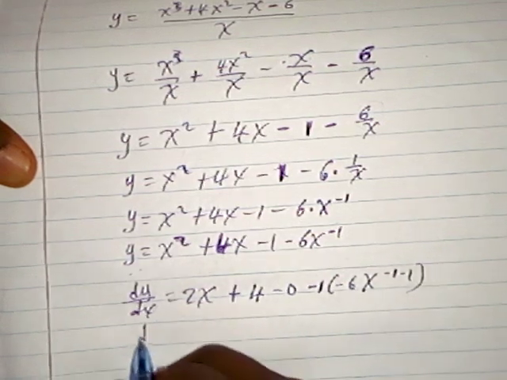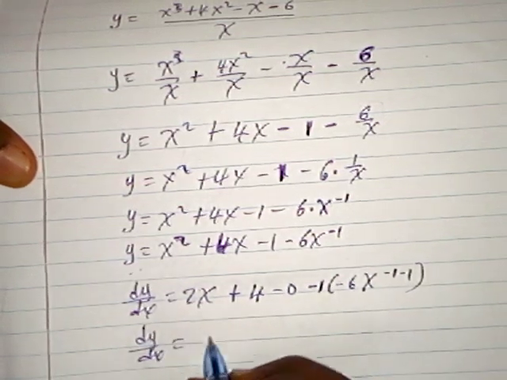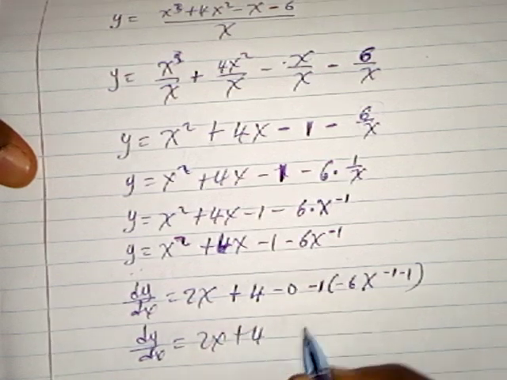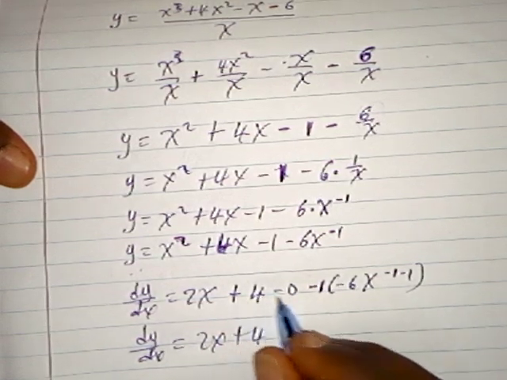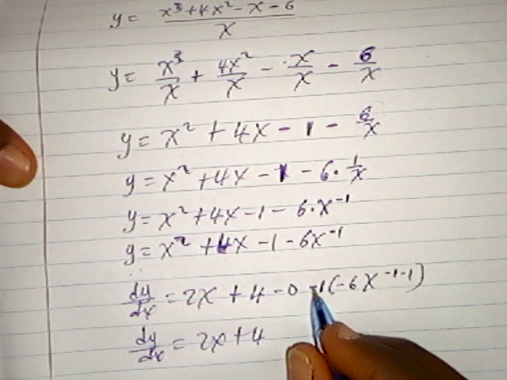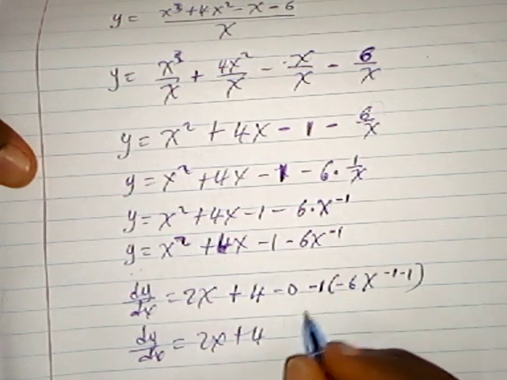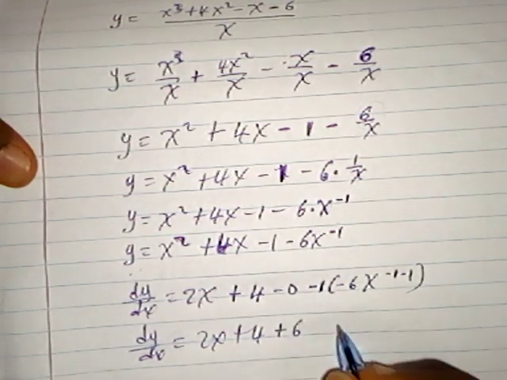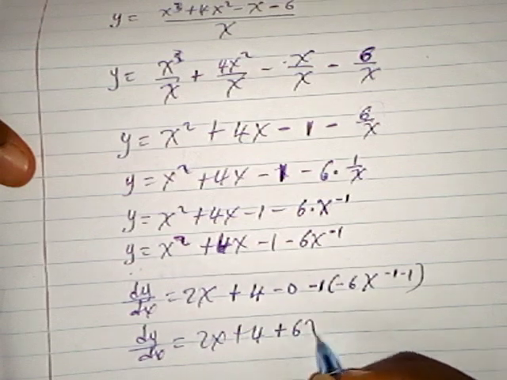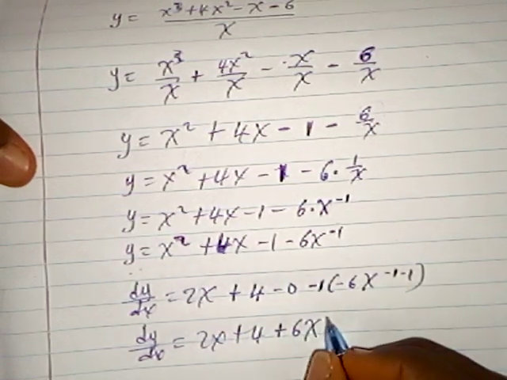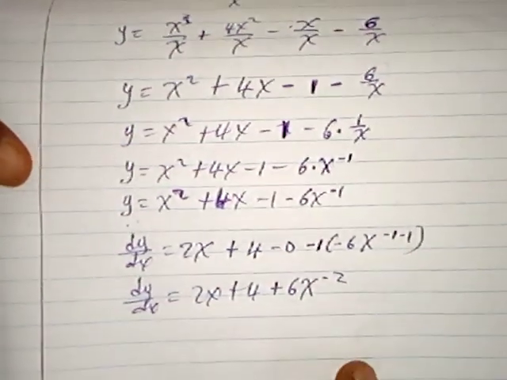The power here is 1. So dy upon dx is equal to 2x plus 4, of course, plus 4 minus 0 is just 4. Minus 1 times minus 6 is just plus 6. x to the power minus 1 minus 1 is minus 2. You see it?